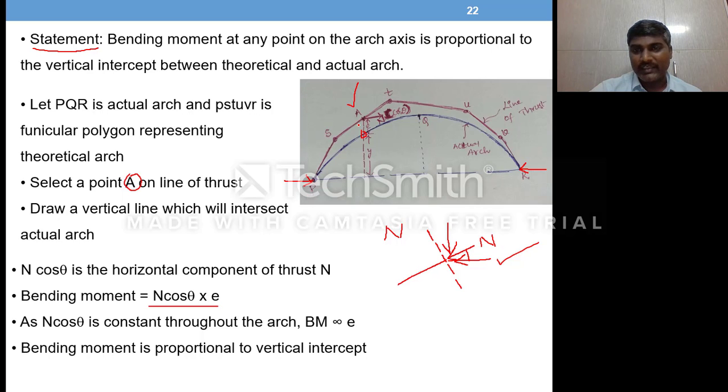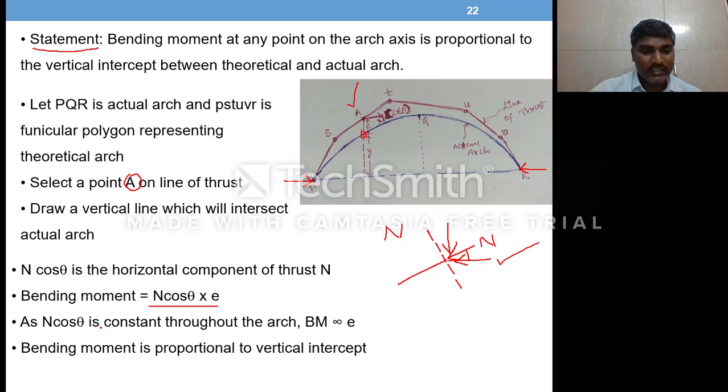If you take a section anywhere in the arch, the sum of all horizontal forces to the left will be only the horizontal reaction at this support. So N cos theta is always equal to H.